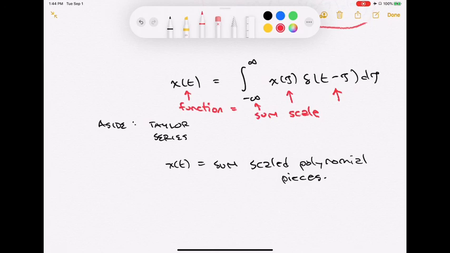So it's saying our function can be represented as a sum of scaled, shifted deltas. The sifting property, or the sampling property, or the sifting formula, all the same thing, basically says the following: I can decompose a function into a linear combination, a sum, of scaled, shifted delta functions.